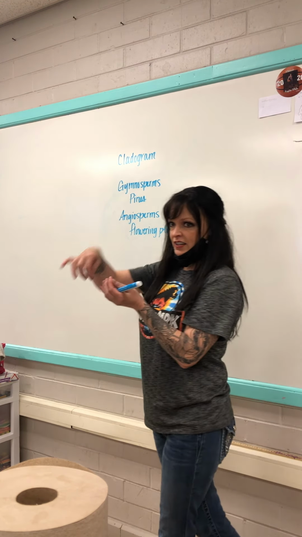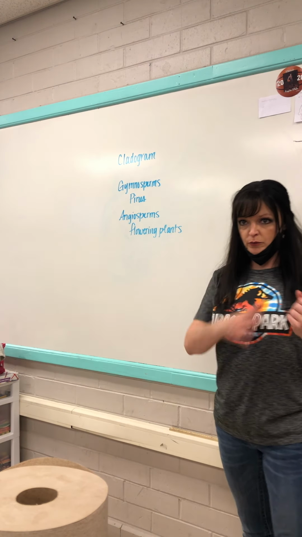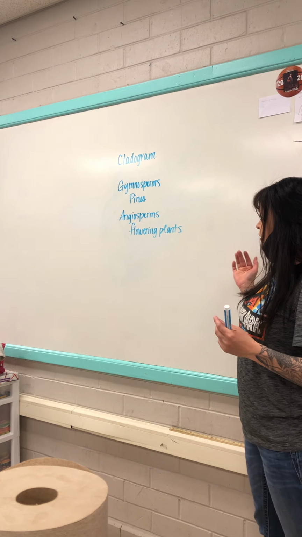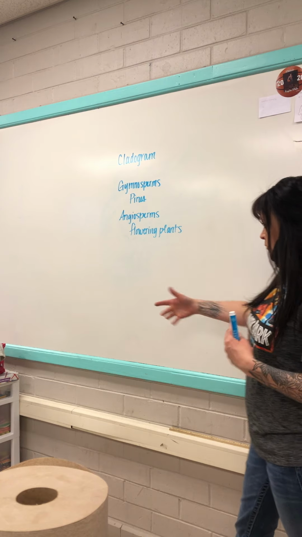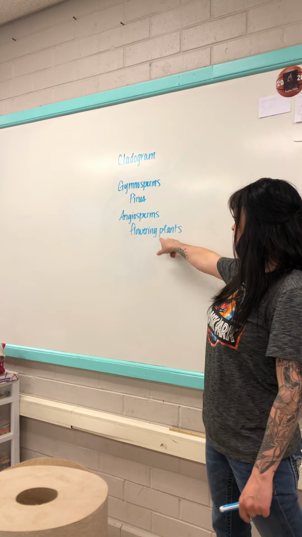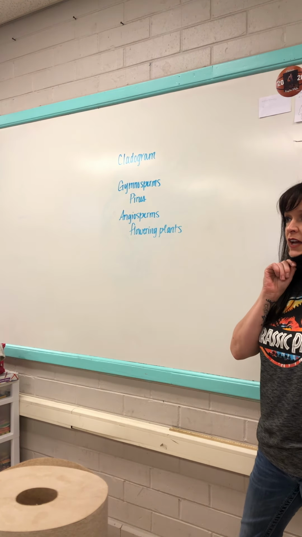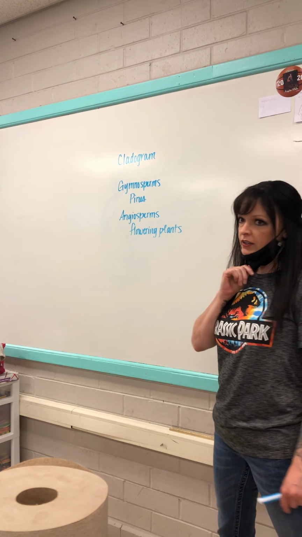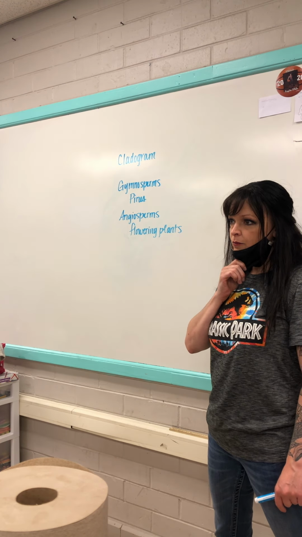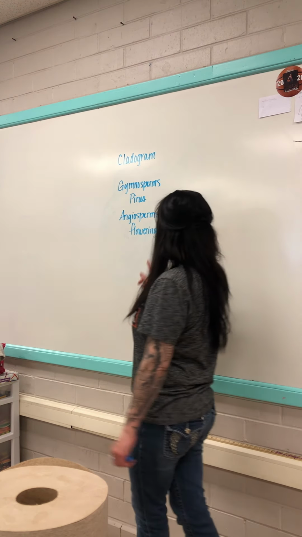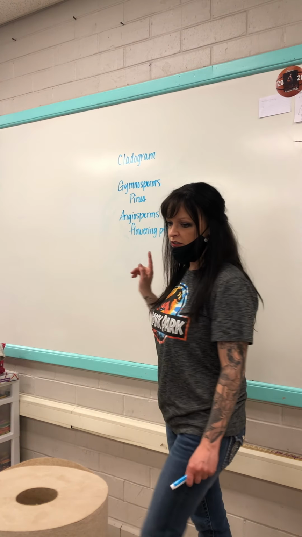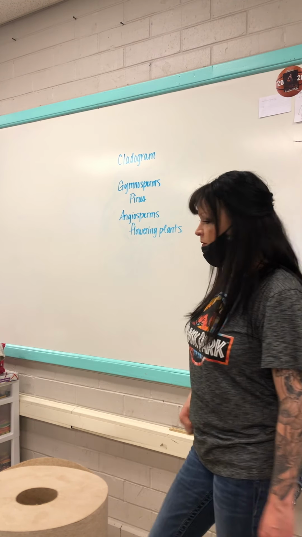So it is wind pollinated. The wind will blow it, and then the wind will disperse the seeds. Angiosperms are flowering plants. How does a flower get fertilized? Bees, insects. So these are going to be your flowering plants. You do need to know gymnosperms and angiosperms.